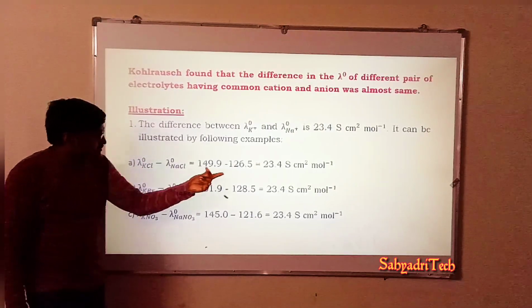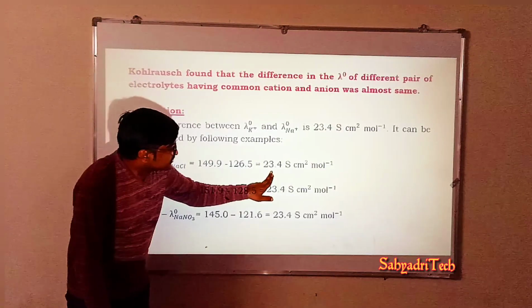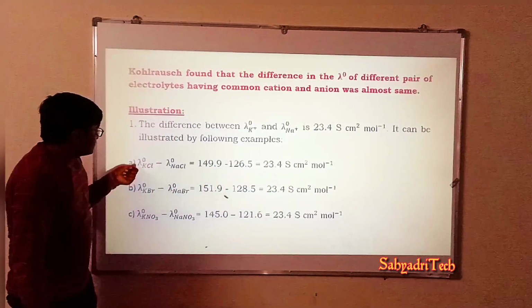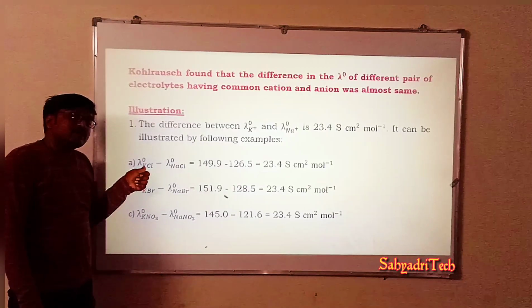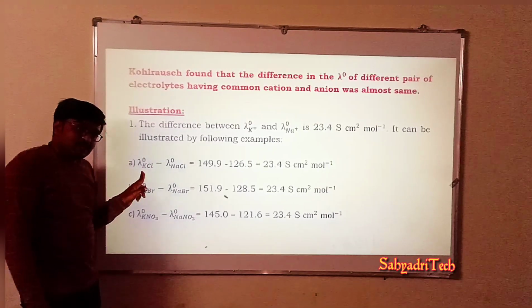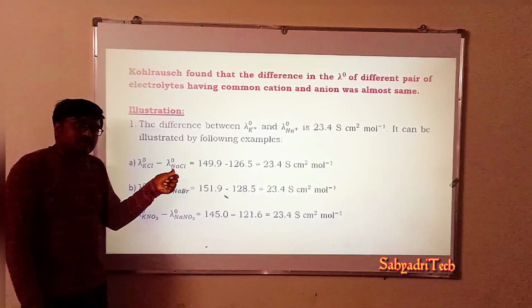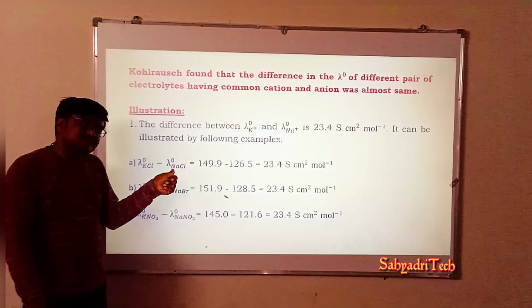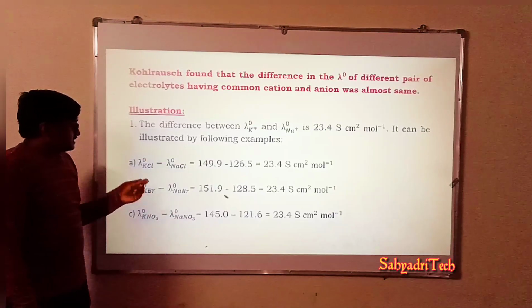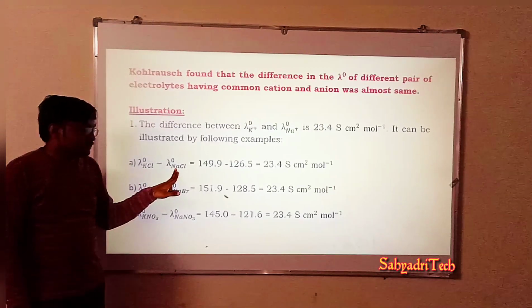When you look at the difference among the lambda naught of those electrolytes, it is always found to be 23.4 Siemens centimeter square per mole. For example, the first one, KCl. According to Kohlrausch's law, lambda naught of KCl is lambda naught of K+ plus lambda naught of Cl-. What about lambda naught of NaCl? Lambda naught of Na+ plus lambda naught of Cl-. If you simplify this further, we end up with lambda naught of K+ minus lambda naught of Na+.